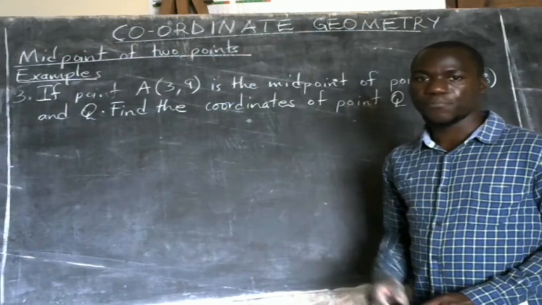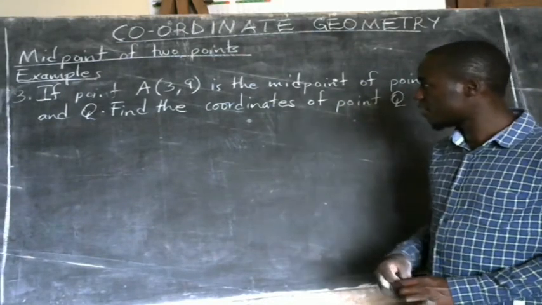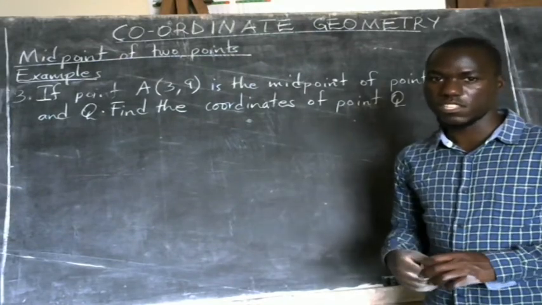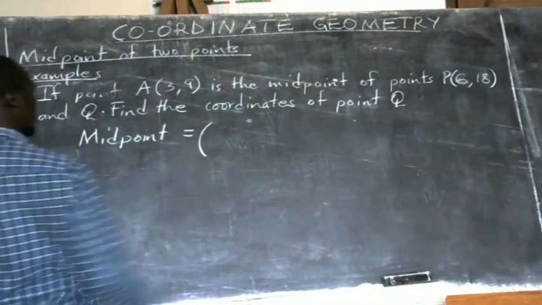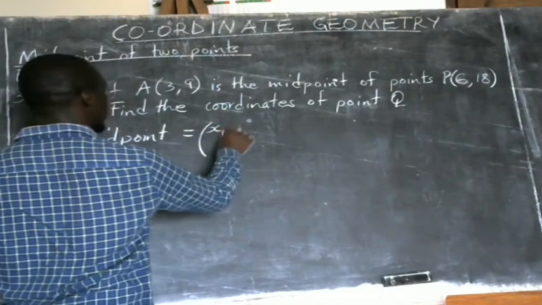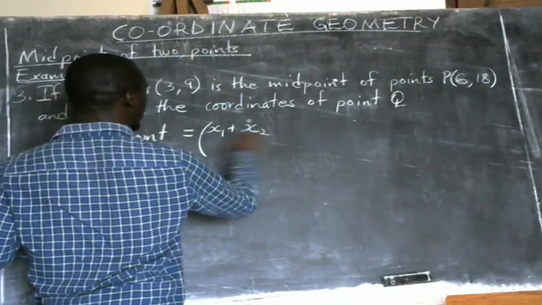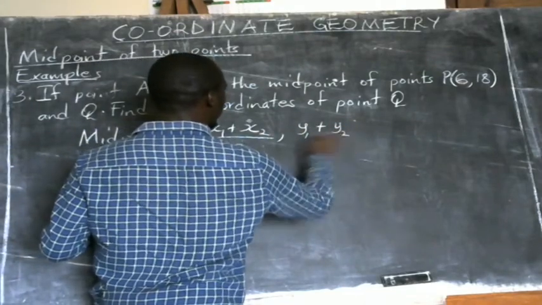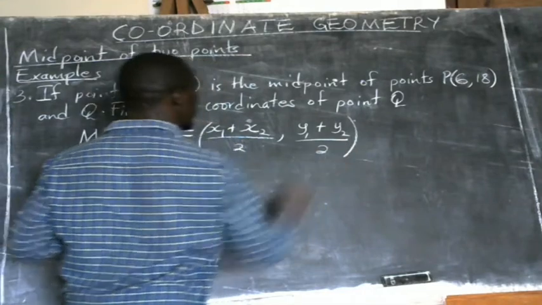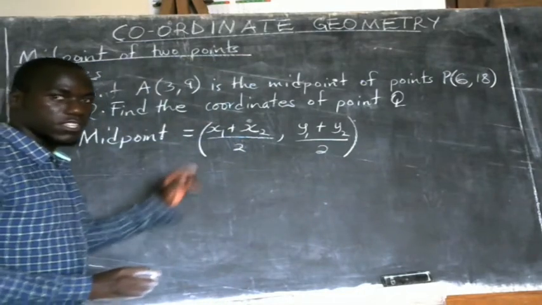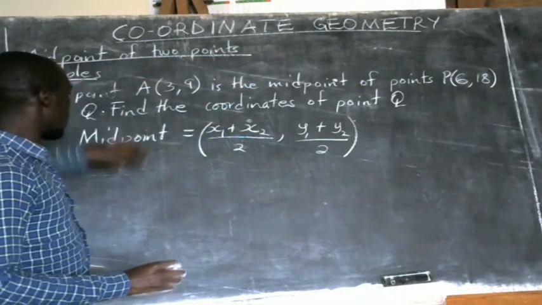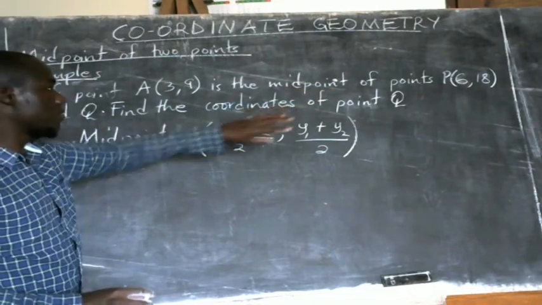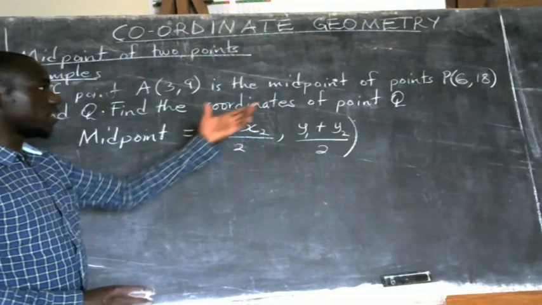Example 3. If point A is the midpoint of points P and Q, find the coordinates of Q. The formula of the midpoint is x1 plus x2 divided by 2, then y1 plus y2 divided by 2. We put point A on this side, then point P and point Q we feed in here after nicknaming.